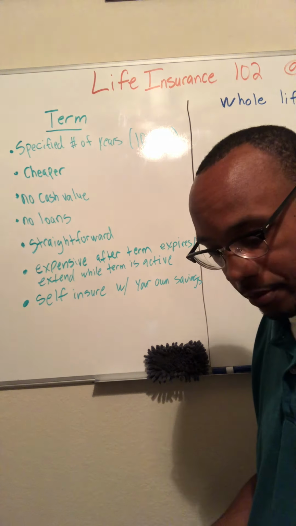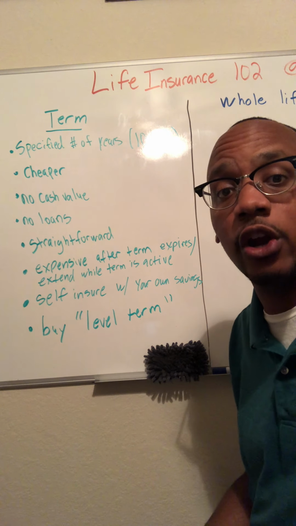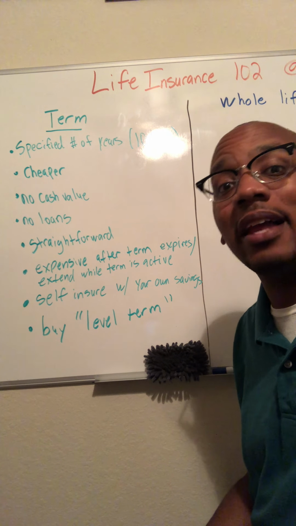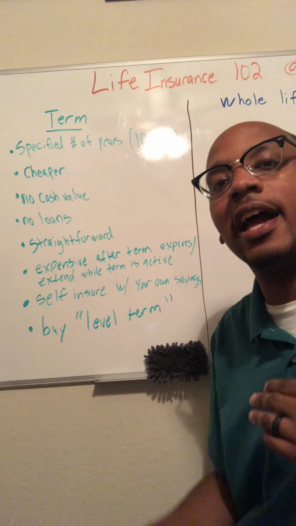If you're gonna get term life insurance, you need to buy level term. Some people call it guaranteed level term. Level term policies are policies where the premium stays level the entire time.